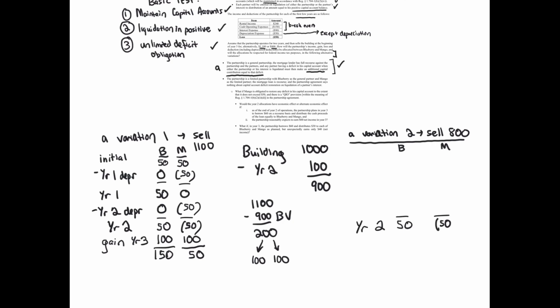Because the book value is still 900. We have a $100 loss. How do we allocate gains and losses? Again, 50-50. The only thing that has a special allocation is depreciation. Everything else, 50-50. So $50 of the loss and $50 of the loss. So the loss in year 3, my apologies, is allocated 50-50.